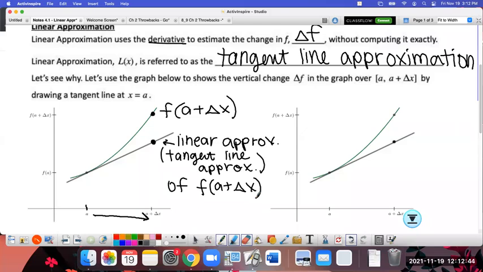And then on the other hand, we can use the tangent line to estimate the change in the y values. So here's our actual change in outputs, that distance. So the output later on minus the output earlier on. What the tangent line is approximating that change to be is the output for the tangent line later on minus the output of our point from earlier on.